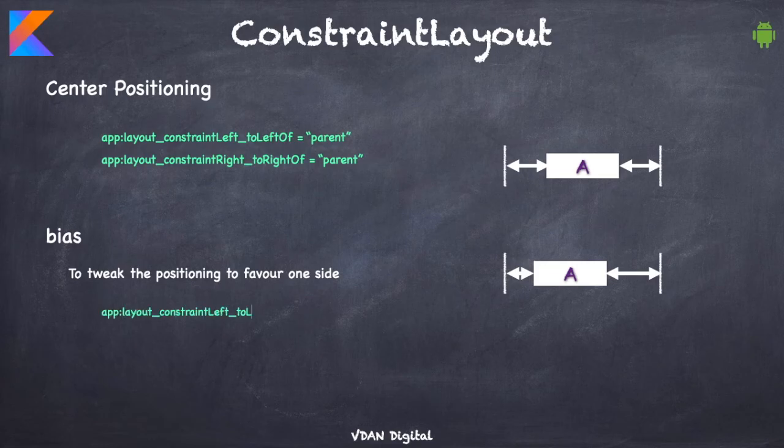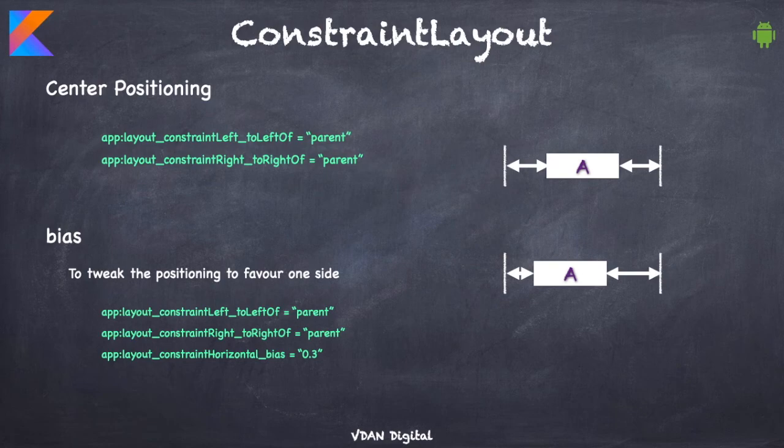Here you can see the example. Constraint left to left of parent and right to right of parent, but constraint horizontal bias is set to 0.3. Object A is horizontally aligned and the horizontal bias is set to 0.3. So it is almost left aligned.